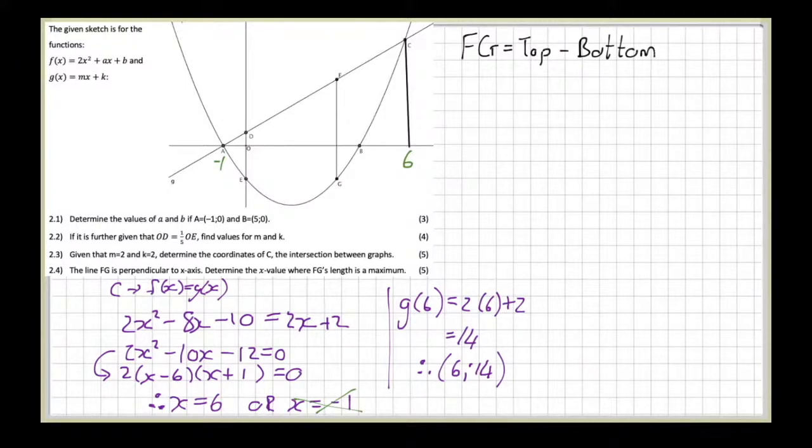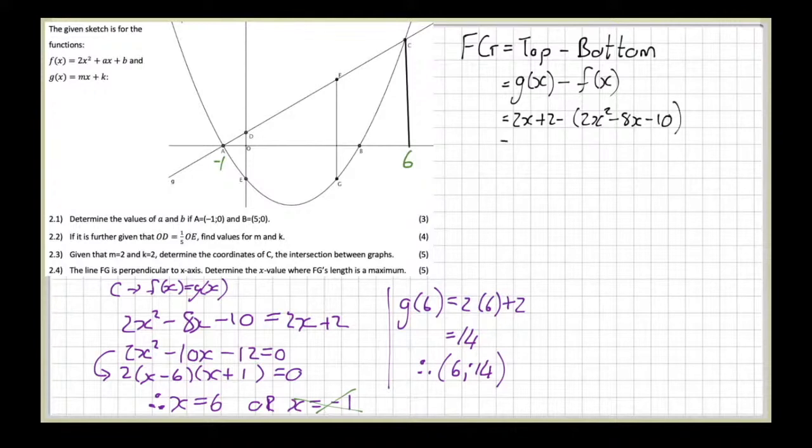In other words, I'm going to take the equation of g(x) and I'm going to subtract the parabola, because the top graph is g(x). It's a straight line. So g(x) is equal to 2x plus 2 minus f(x), which is 2x squared minus 8x minus 10.